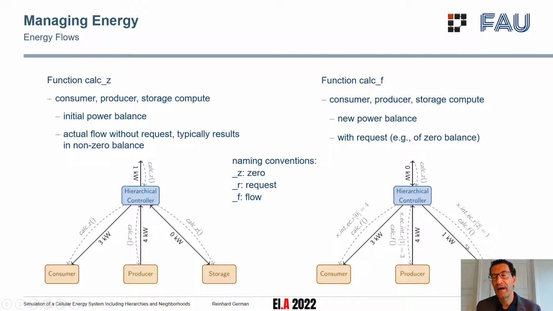So then it asks finally the storage, the battery, and asks it to charge 1 kilowatt, and that is possible, and that is the function value, which is the answer, and that allows for that hierarchical controller to set the balance to 0 kilowatts, and we have resolved the balance locally.